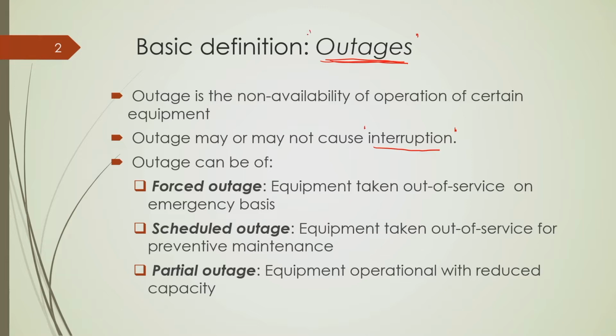In this particular slide I will give you the definition of outage and talk about different types of outages. In the next slide I will talk about the definition of interruption and the different types of interruptions that generally occur in a typical power distribution system.